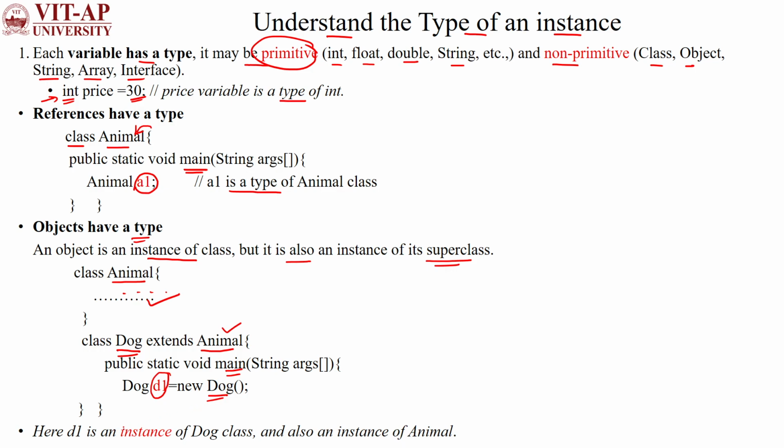So here d1 is the instance or object of the child class Dog, and it is also an instance of the parent class Animal. So we can define the data type for the variables with respect to the references of its class and object.